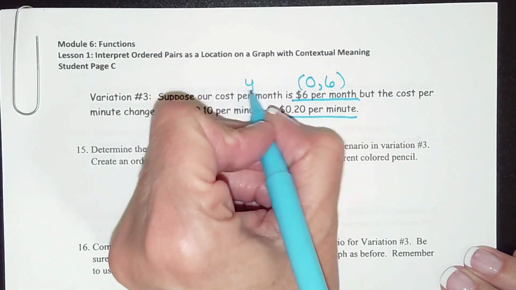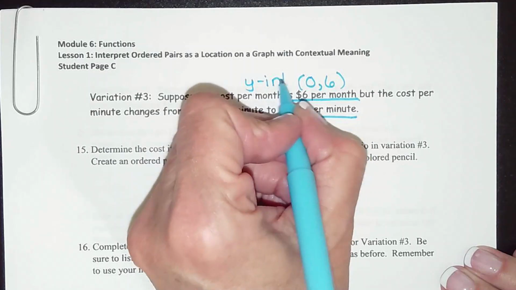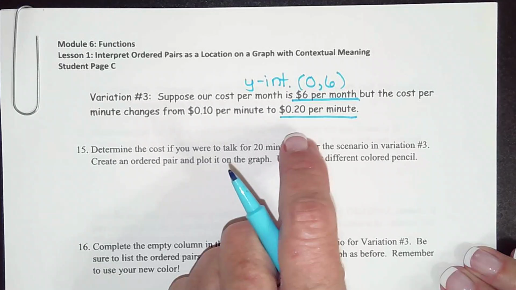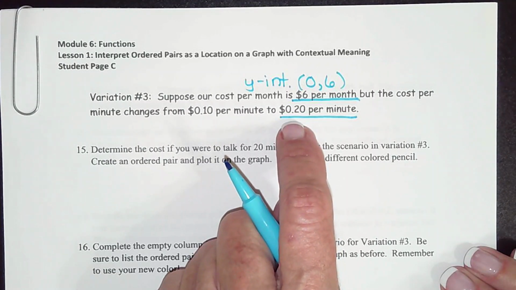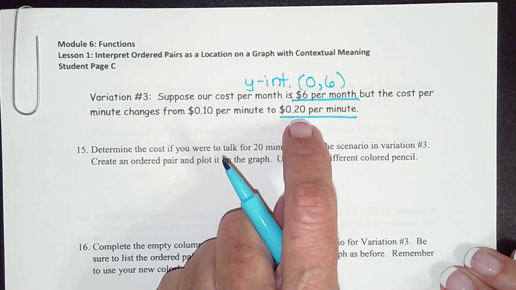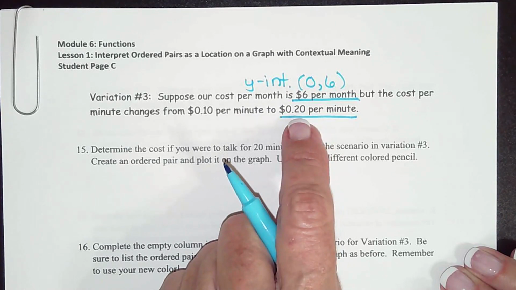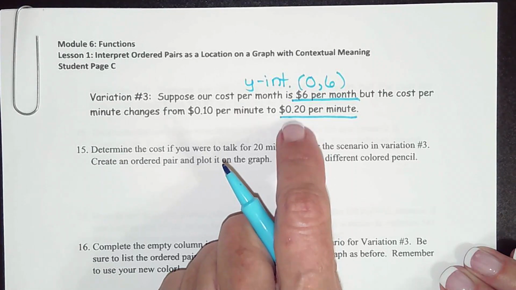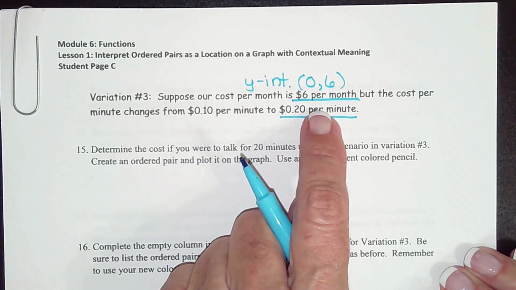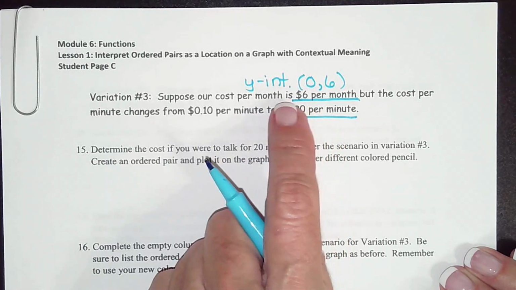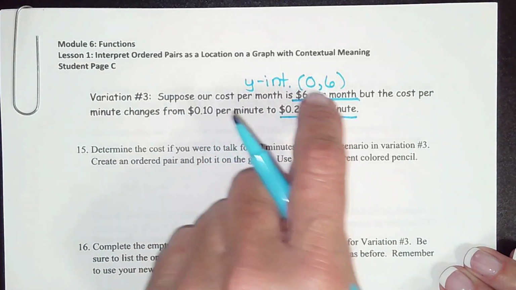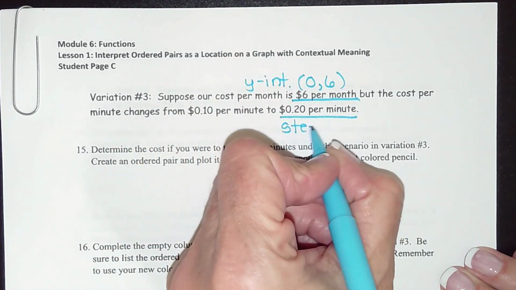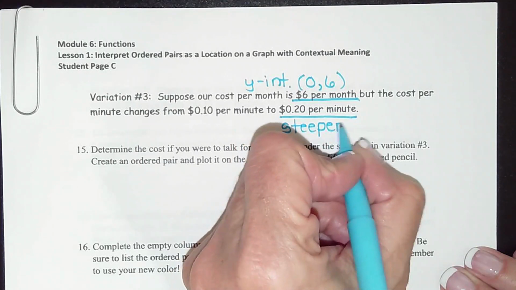So the y-intercept is going to be (0, 6), just like the original line. But this number is bigger than 10, which means the slope is larger, which means the line will be steeper, because it's going up 20 cents for every minute. So the y-intercept stays the same as the original, but this graph will be steeper because the slope is higher.